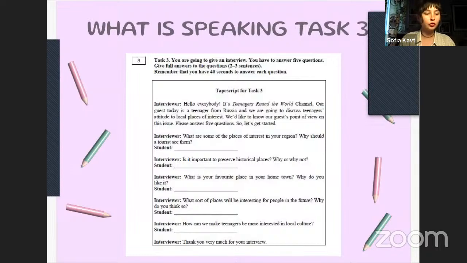Okay, without further ado, let's take a look at what speaking task 3 of the English Unified State Exam is about. In this task, you're going to give an interview on a particular topic. On the slide right here, you can see a screenshot of a tape script for task number 3.